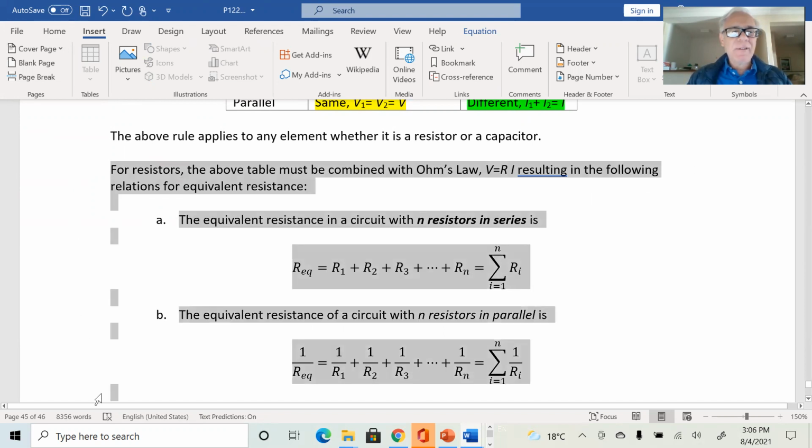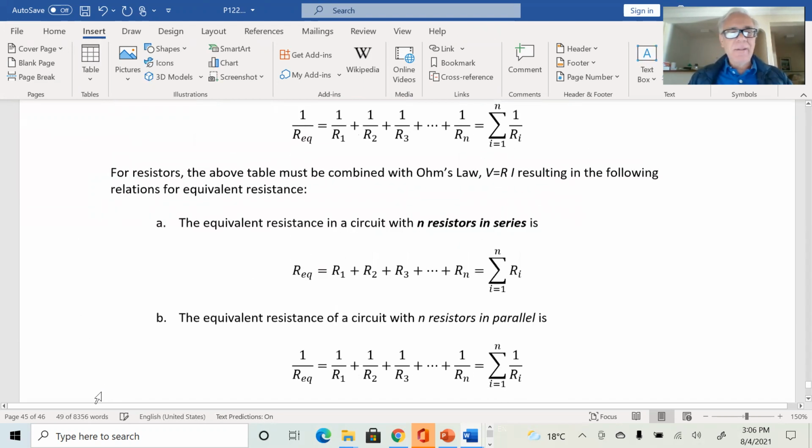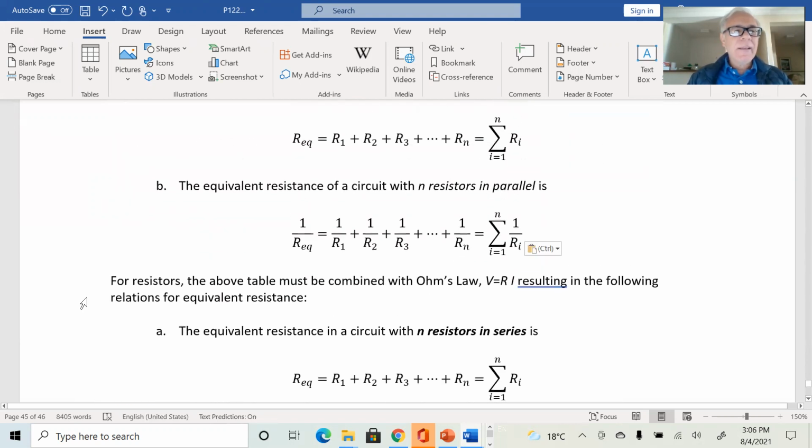Now, what happens to capacitors? Capacitors have an interesting relation. It is exactly the opposite.